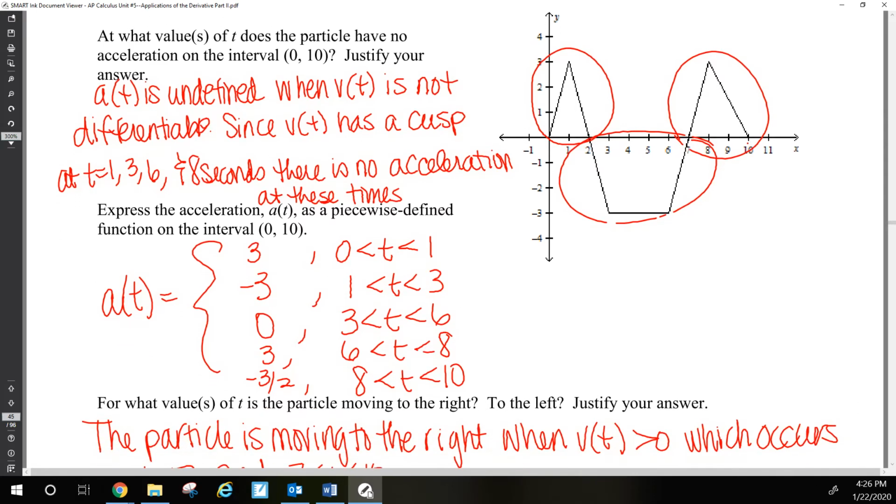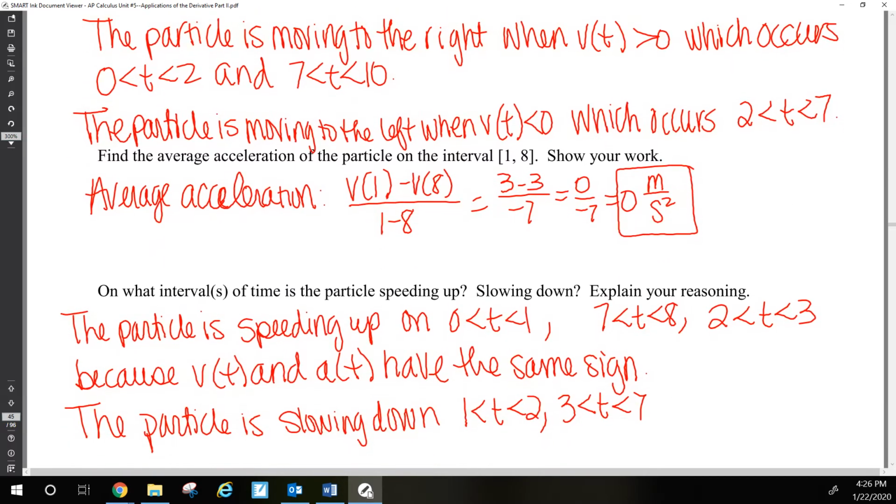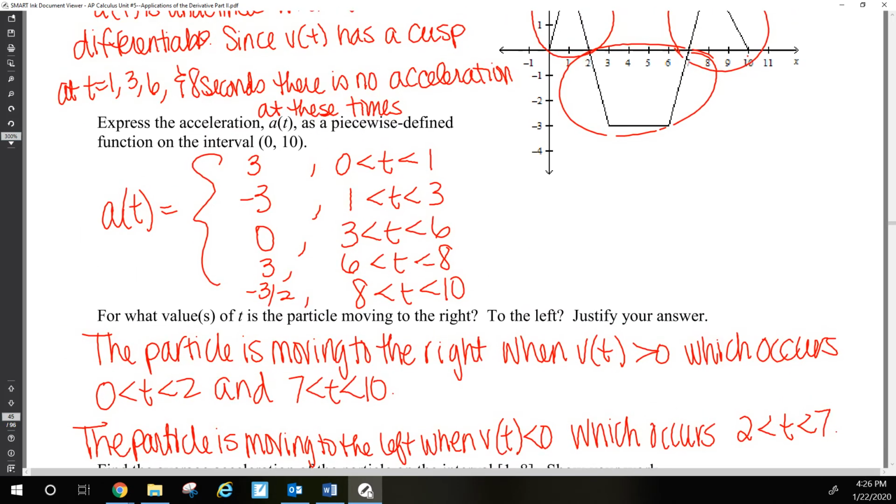Between 6 and 7, though, we're negative, but our velocity is positive. Remember at 0, we're neither speeding up nor slowing down. I messed this one up. This should be between 6 and 7, because between 3 and 6, I forgot to take into account that our acceleration is 0, which is neither positive nor negative.